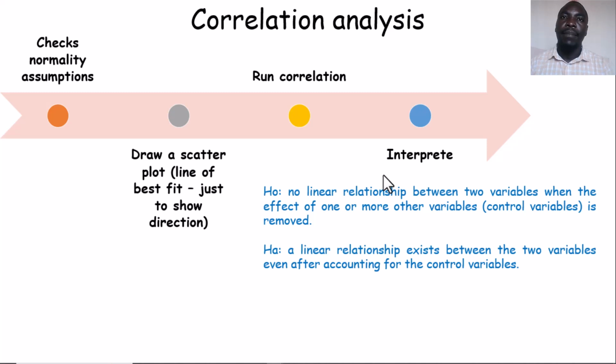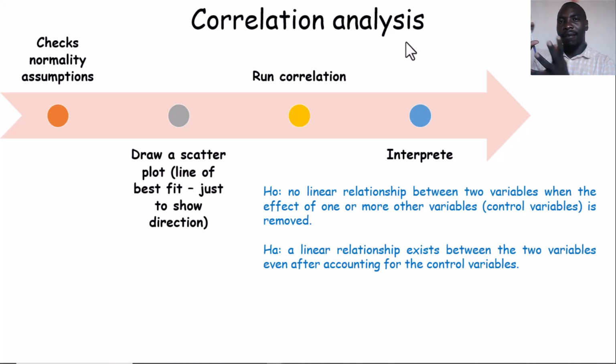So before we interpret our correlation coefficients, we need to know the hypothesis that we are testing under partial correlation. We remember we said we have three variables. So the null hypothesis under partial correlation is that there is no linear relationship between the two variables, that is price and sales, when the effect of one or more variables, in this case we only have one, that is horsepower, is removed.